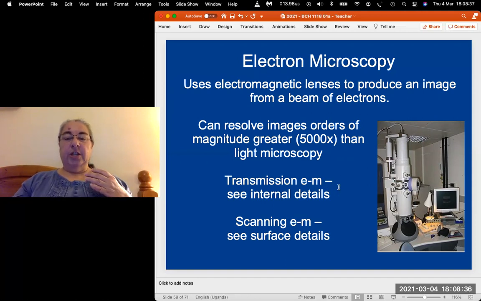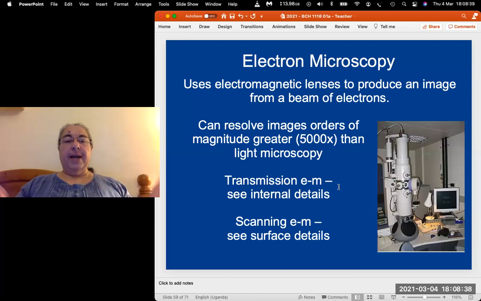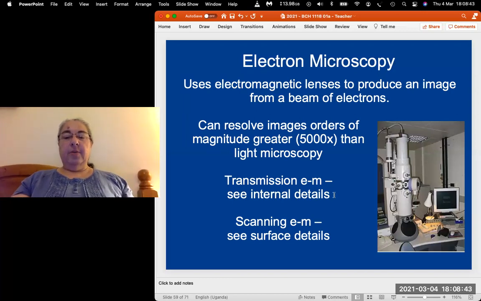Transmission electron microscopy passes the electrons through a specimen, so it allows you to see details inside the specimen, whereas scanning electron microscopy bounces electrons off the surface and allows you to see details of the surface of the specimens.